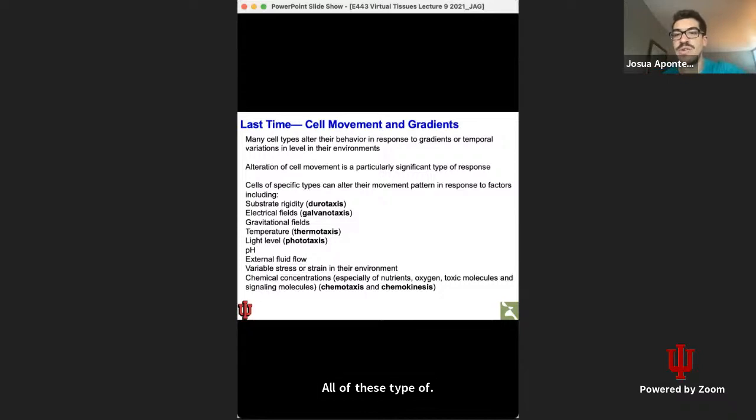Chemotaxis refers to the movement of cells along chemical gradients, and these chemical gradients can be due to gradients of oxygen or other metabolic resources such as glucose.